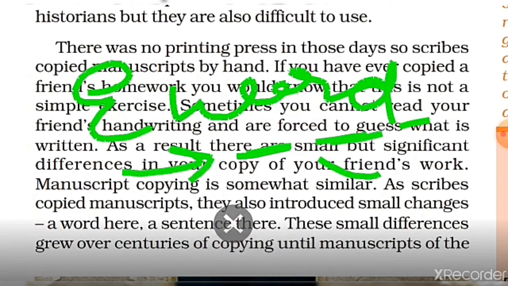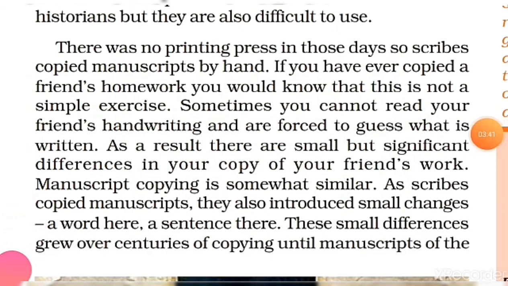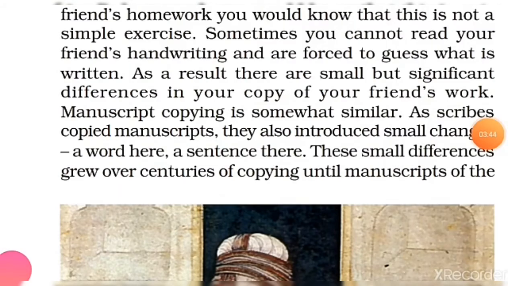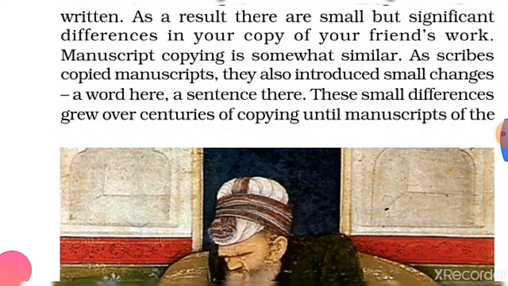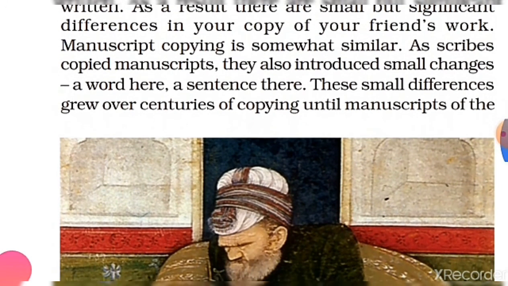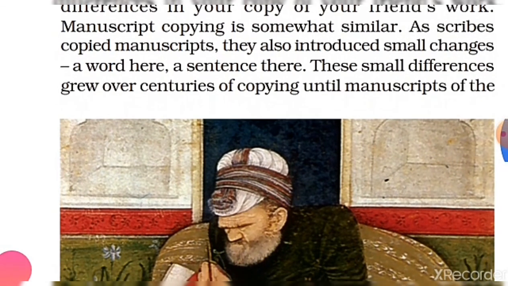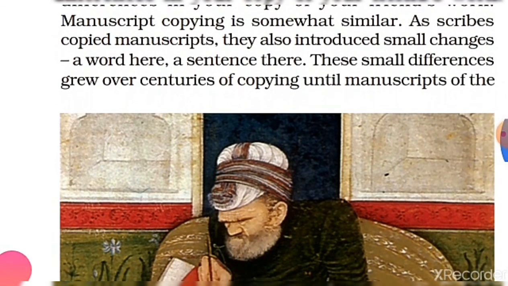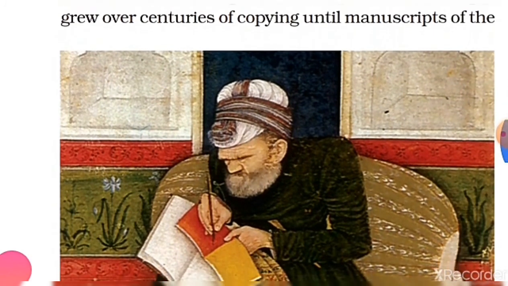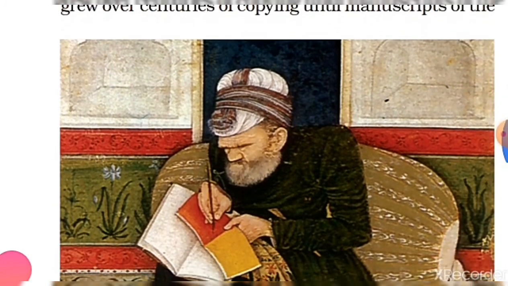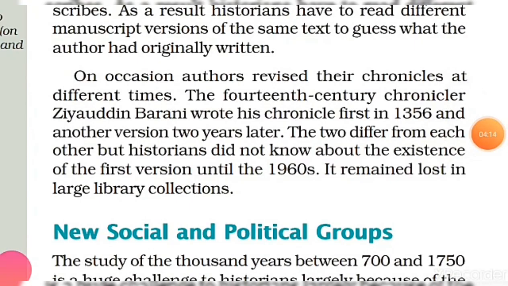As a result you will find small but significant differences in your copy and your friend's work. Manuscript copying is somewhat similar. As scribes copied manuscripts, they also introduced small changes: a word here, a sentence there got changed. That's why we have to read the actual text.